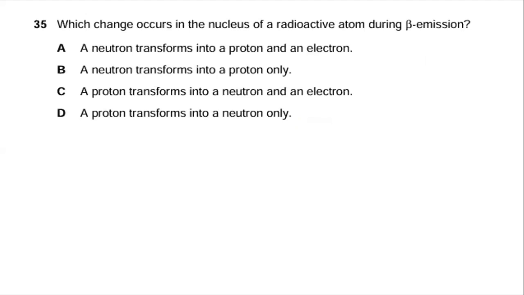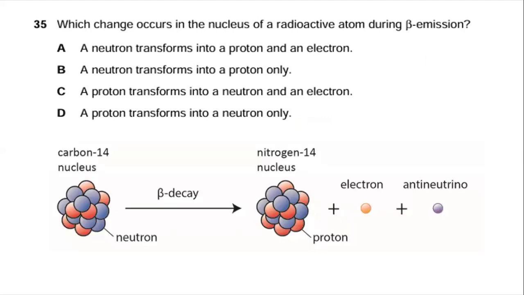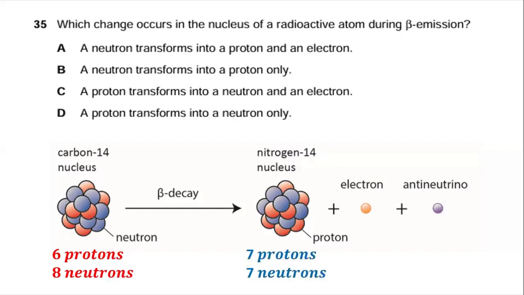So 35. Which change occurs in the nucleus of a radioactive atom during beta emission? So we can see this is a beta emission, carbon-14 nucleus changes into nitrogen-14 nucleus. The carbon-14 nucleus contains 6 protons and 8 neutrons. The nitrogen-14 nucleus contains 7 protons and 7 neutrons. That means we can see here 6 protons in carbon-14 nucleus have changed into 7 protons in nitrogen-14 nucleus.